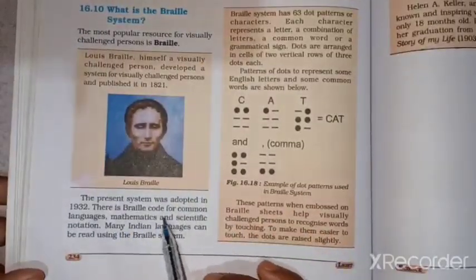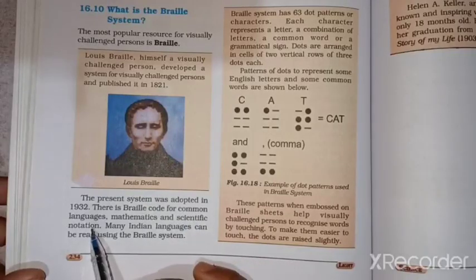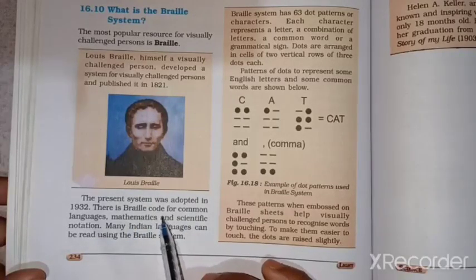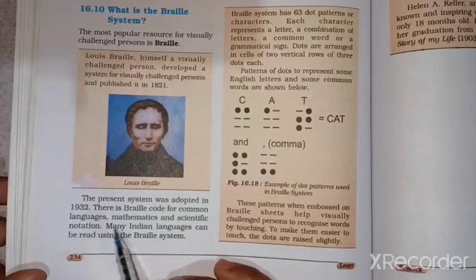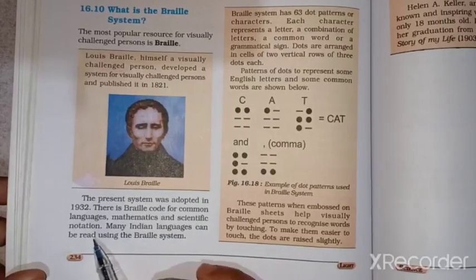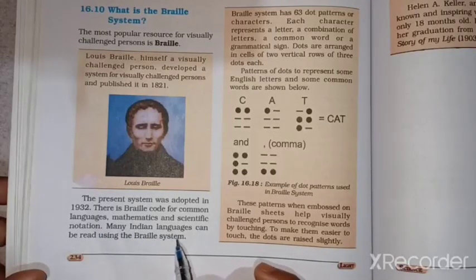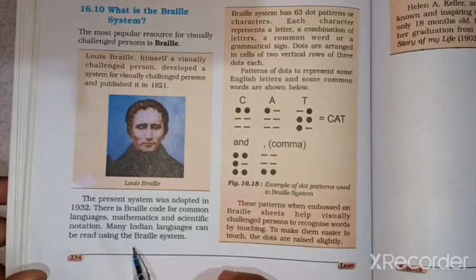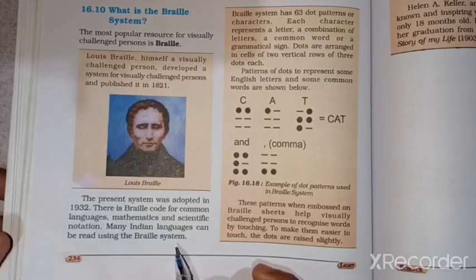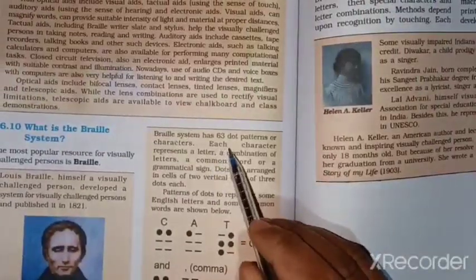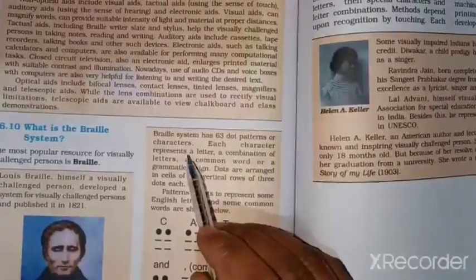The present system was adopted in 1932. There is Braille code for common language, mathematics, and scientific notation. Many Indian languages can be read using the Braille system. So here, Braille system has 63 dot patterns or characters.